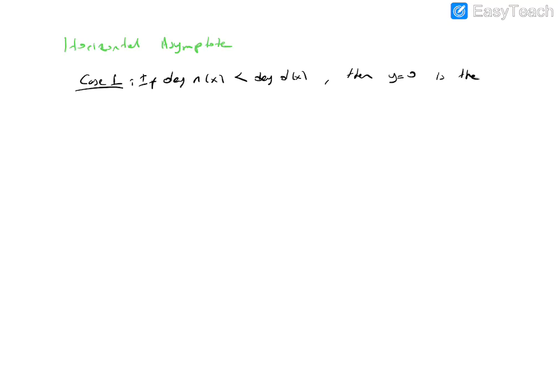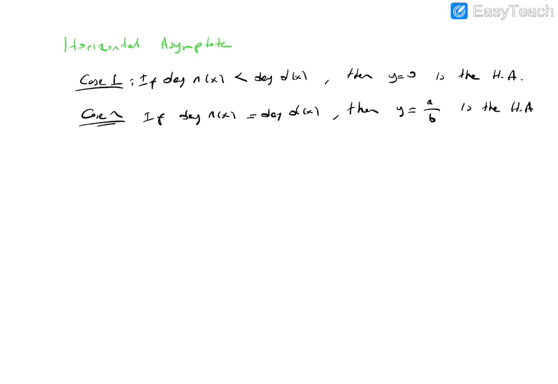Case 2, if the degree of n of x equals the degree of d of x, then y equals a over b. What is a? a is the leading coefficient of n of x and b is the leading coefficient of d of x. Okay, this is the horizontal asymptote.